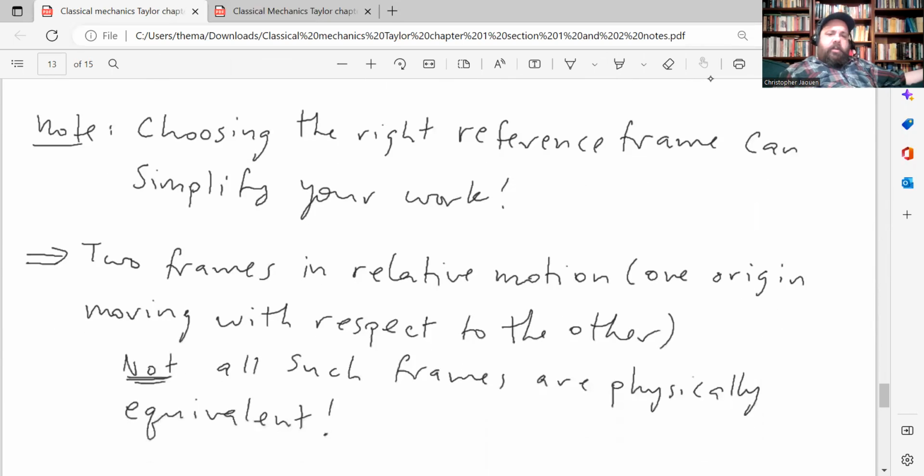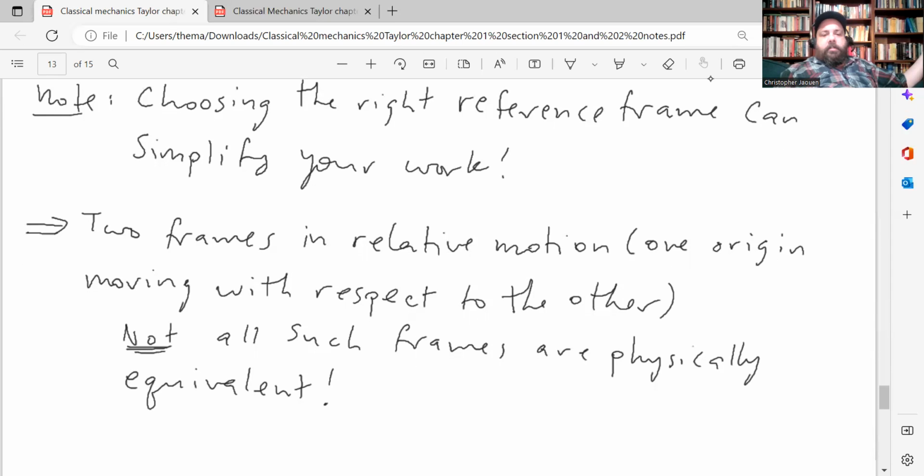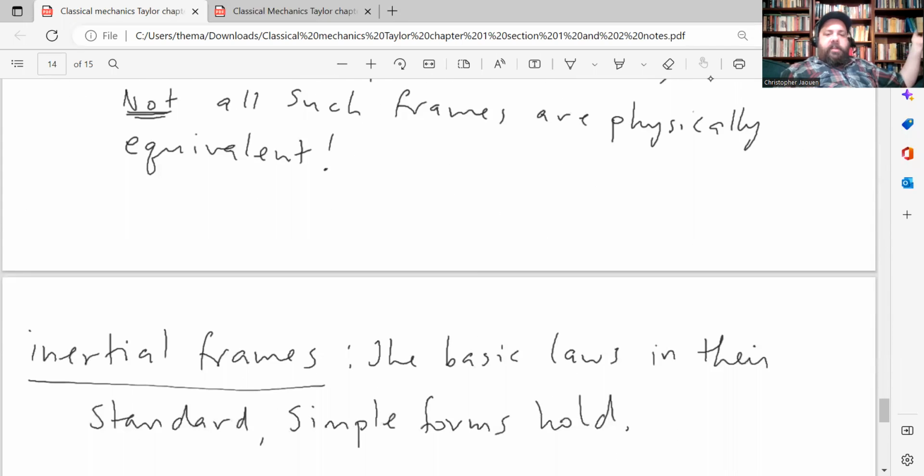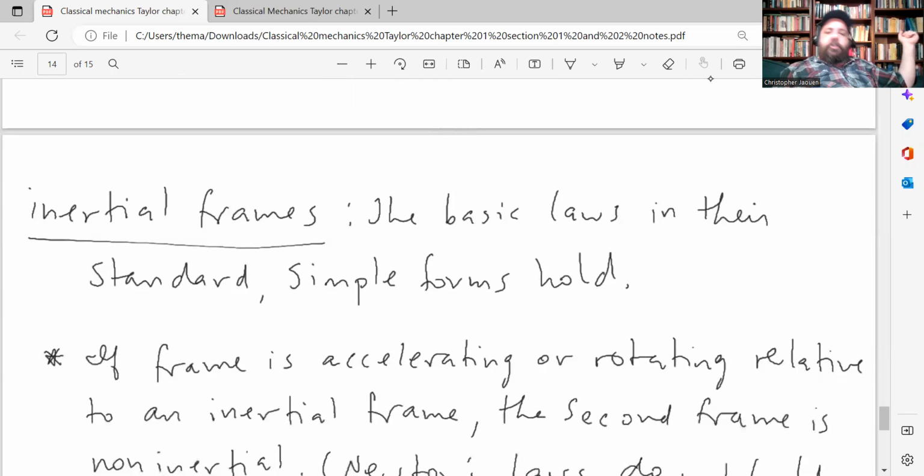Right, two frames in relative motion means one origin moving with respect to the other. That's what it means for them to be in relative motion. If you have such things, not all such frames are physically equivalent. So if you have two reference frames that are moving with respect to each other, they may not be physically equivalent, which brings up inertial frames. An inertial frame is a frame in which the basic laws in their standard simple form hold.